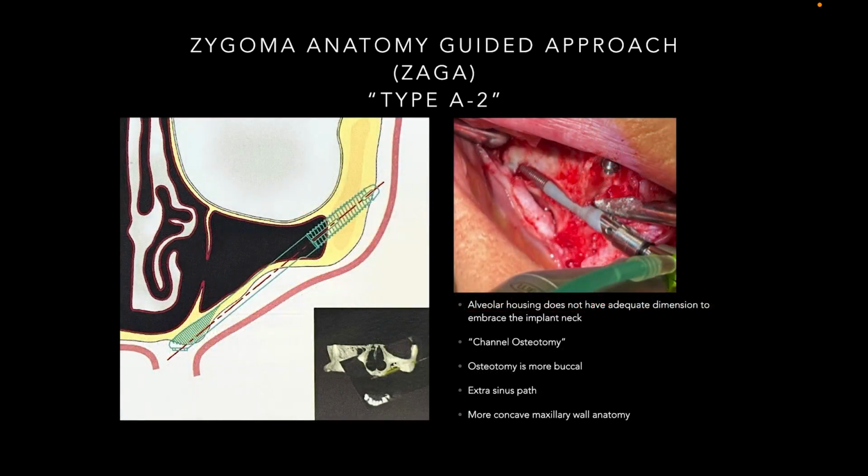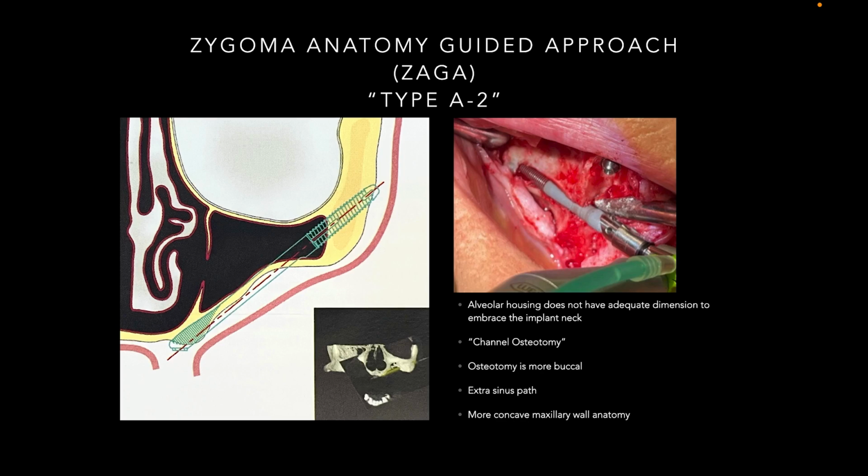With the A2 maxillas, things are becoming a little bit trickier because the crestal bone is very minimal. There is no crestal bone. The sinus either dips all the way down to the crest, or the maxillary complex is not extensively convex. It's still more straight, but the alveolar housing is not adequate in that area.